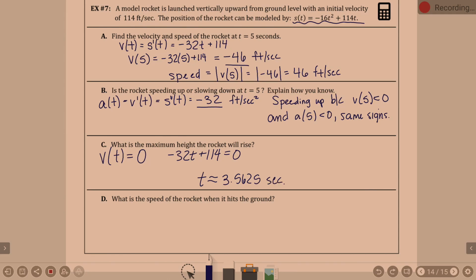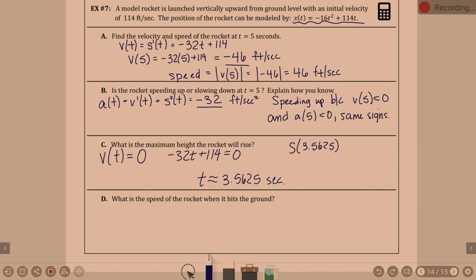Now, that is the time when the maximum height occurs. How do I find the maximum height? Plug that into the original position formula.